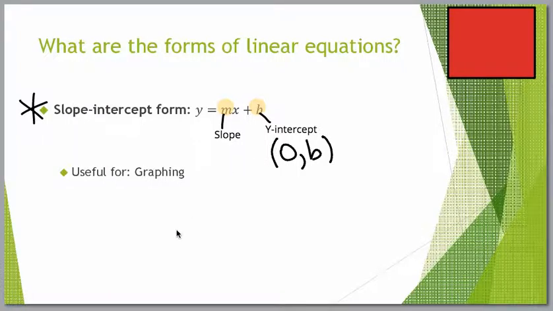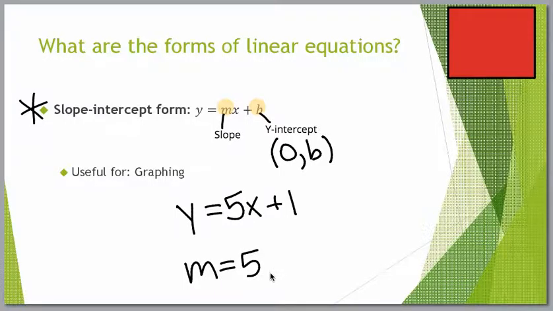But for now, let's do a quick example, just like we did for the standard form, to put things into perspective. So let's do y = 5x + 1. Our slope, m, would be 5. So m equals 5. That's our slope. We're going to go more into that in a few. The y-intercept is this b value, which is 1 in this case, right?